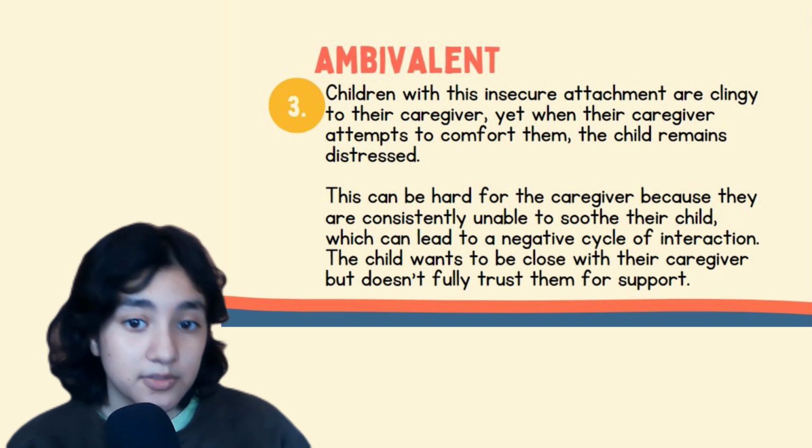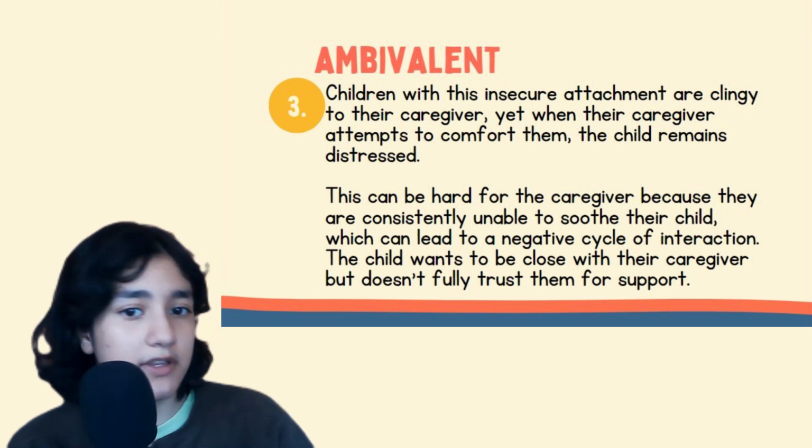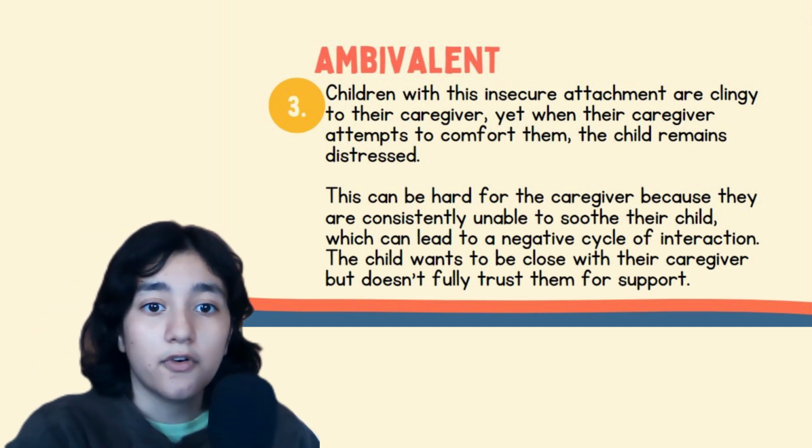The child wants to be close to the caregiver but doesn't fully trust them for support. In my words, ambivalent is they don't like to not have the attention, but when they get the attention, they don't show their feelings. If that makes sense. No, it makes sense, but it's kind of, huh?